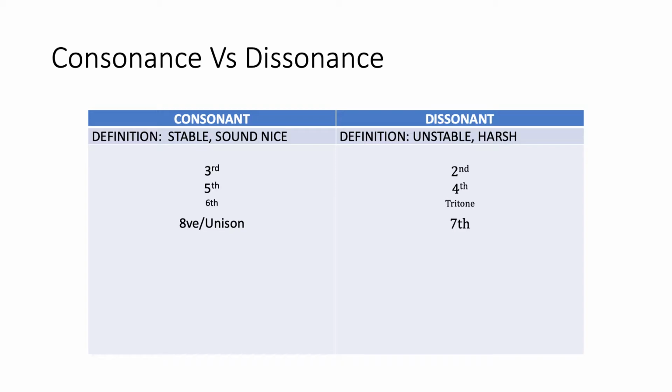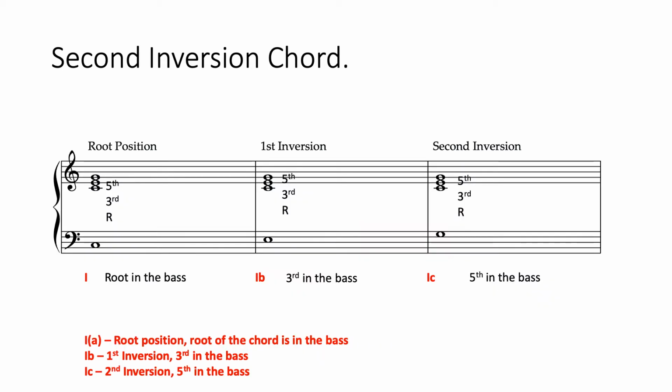Now that we've covered consonant versus dissonant intervals, we can move on. We're going to have a look at what a second inversion chord actually is. We've got a C major chord here in root position, first inversion and second inversion. The deciding factor for what inversion a chord is in is the note that is in the bass. In the first bar, it's in root position because the C, the root of the chord, is in the bass.